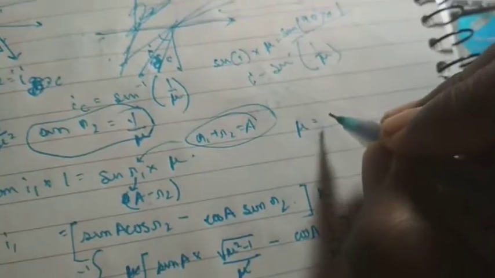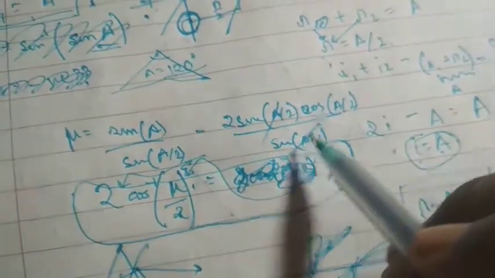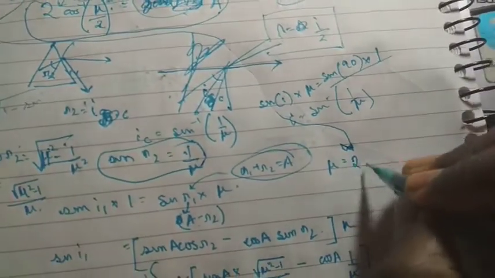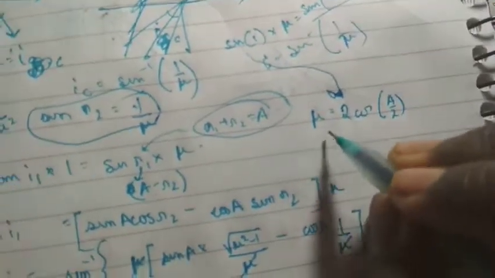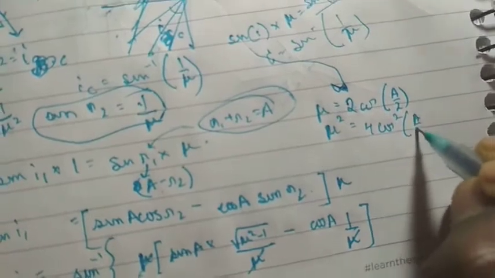Mu is known as, I think we did it, right? Somewhere this one. Yeah, mu equals to 2 cos A by 2. Using this all the way in here, mu equals to 2 cos A by 2, which is going to be, let's square it, 4 cos square A by 2.